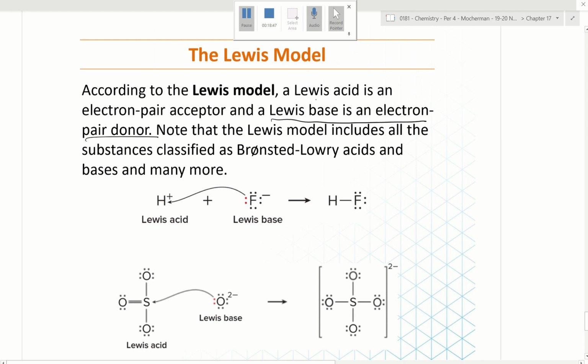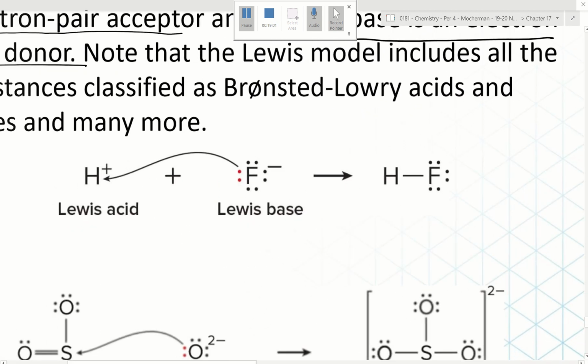Therefore, a Lewis acid is an electron pair acceptor. So in a reaction, if something accepts an electron pair, it's an acid. If it donates an electron pair, it's a base. And so here's two reactions right here. This one we have fluoride reacting with H plus to form hydrogen fluoride.